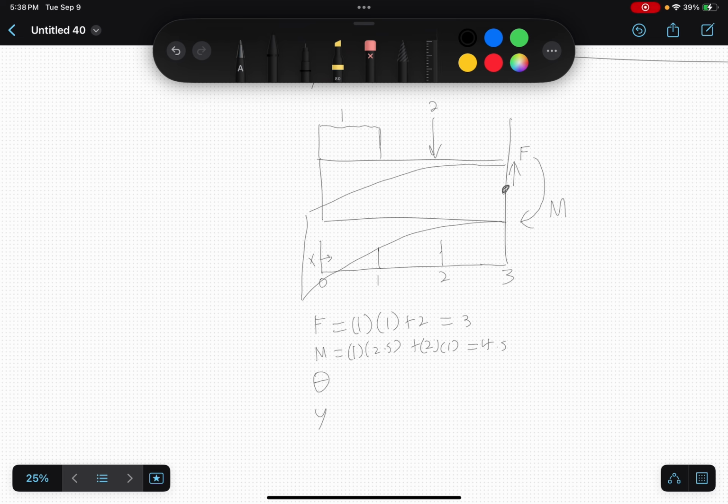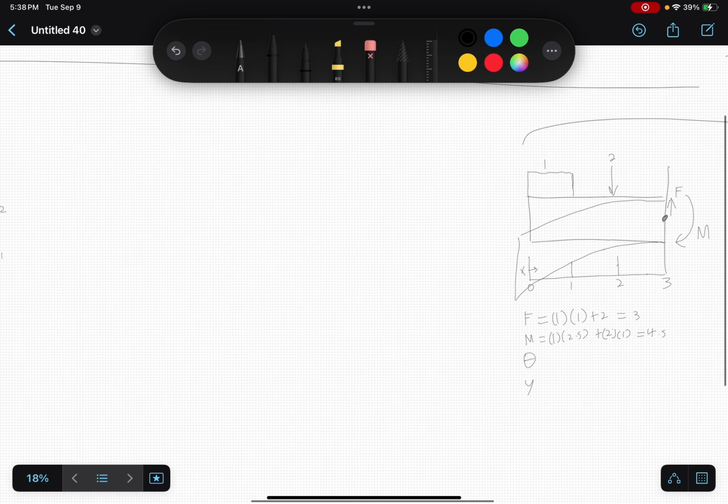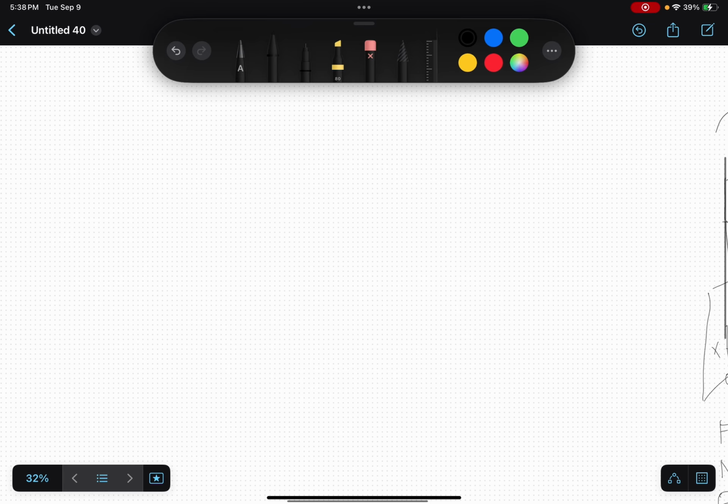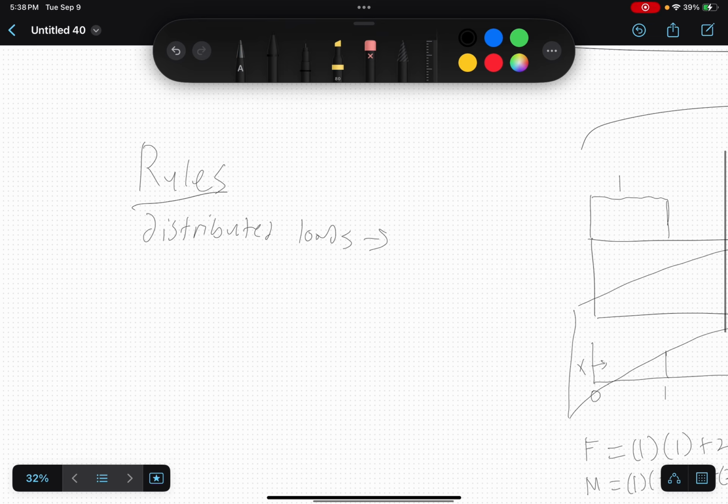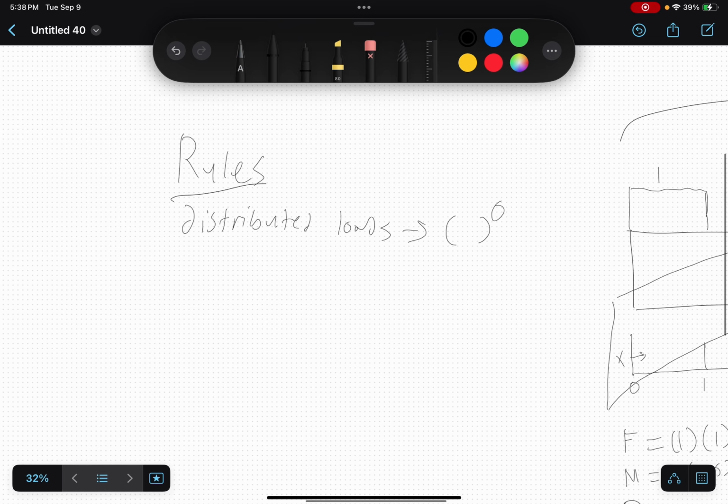But the singularity function has its own set of math rules. So I'm gonna go over those first before writing out the singularity function. So, rules. Distributed loads take the form of something to the power of 0.